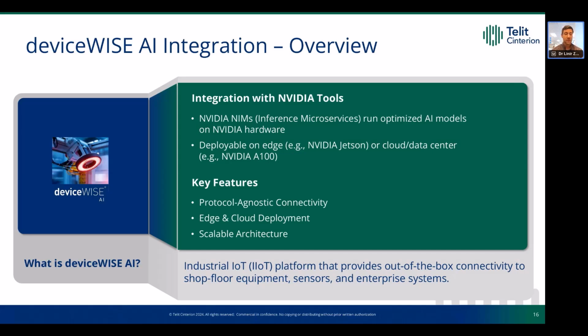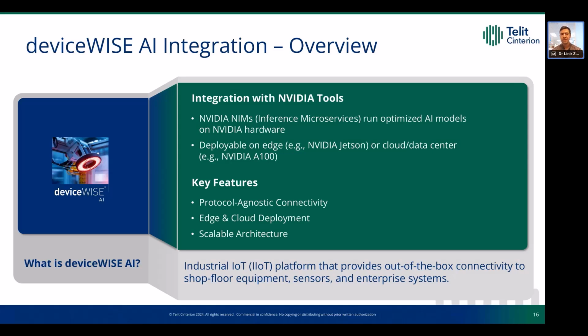We deploy those models, the transformers, on the edge using either Jetson or on some cloud service. Again, it depends on how the factory wants to handle their data. Some of them want it on the factory on premises. Some of them don't care, so they want more powerful processing, so they put it on the cloud.